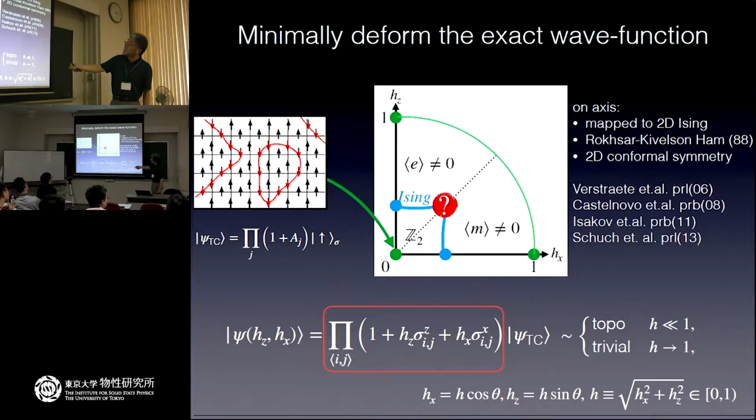When hz is comparably small, you can find this deformed wave function is actually equivalent to the previous model, the previous perturbed toric code Hamiltonian, and this transition is a 2D Ising phase transition.